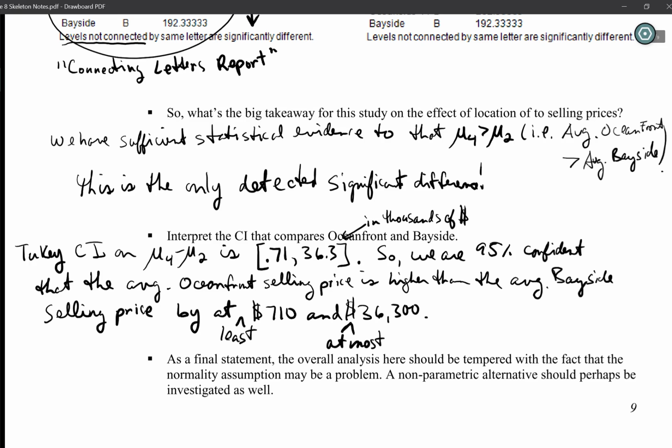There are non-parametric techniques out there. Remember the Kruskal-Wallis approach is a technique that allows you to compare several population means, and there's an analog from that which allows you to do multiple comparisons. Your book discusses that. I'm not going to cover that in this module, but it does exist. So this wraps up multiple comparisons.